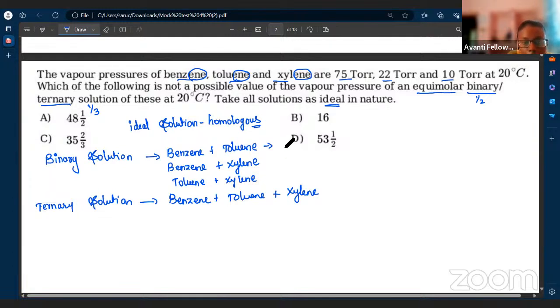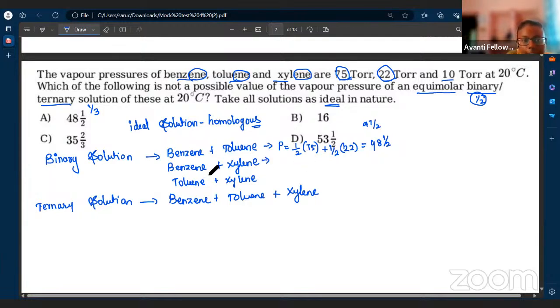The pressure will be equal to 1/2 into 75 plus 1/2 into toluene vapor pressure, which is 22. So you'll get 97/2, which is 48 and a half.